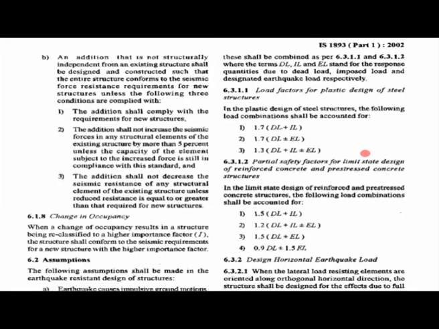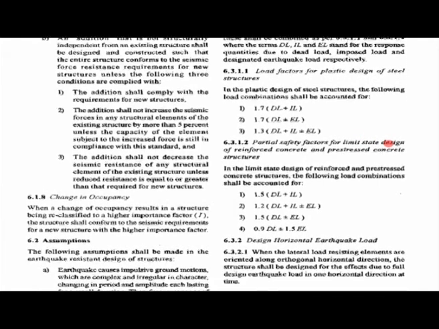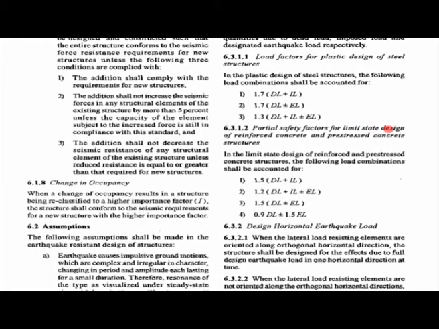We are not going into all those things. Only thing I would like to say here is that we shall come back to this when we do the multi-story frame design. There we have 1.5 times dead load plus imposed load. Then 1.2 dead load plus imposed load plus or minus earthquake load.